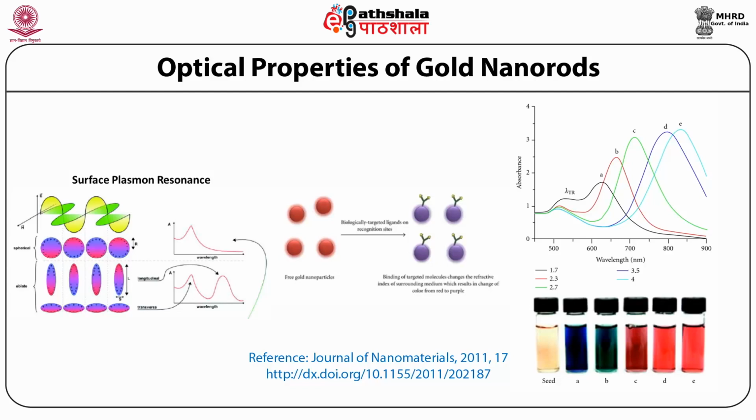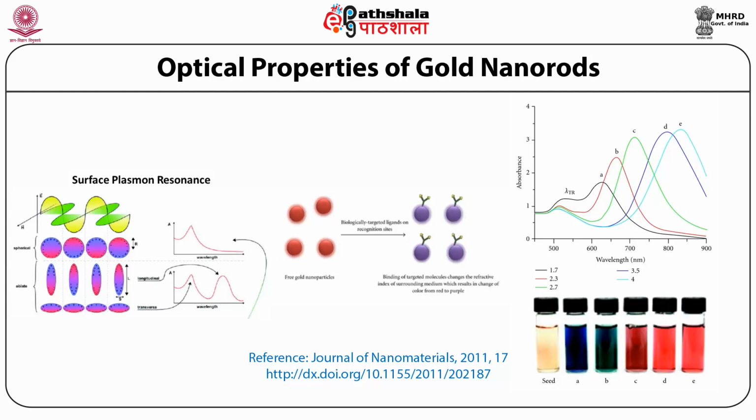But if you have a rod-like structure, those electrons can actually oscillate in two different directions. It can be longitudinal or in transverse directions, and based on that there are two different types of band in surface plasmon resonance. So this is what you can see on the right hand structure.